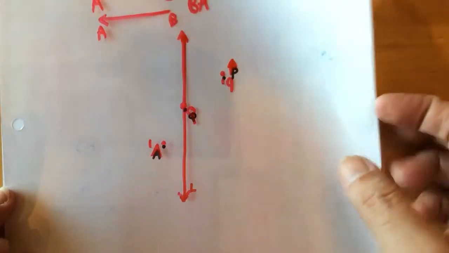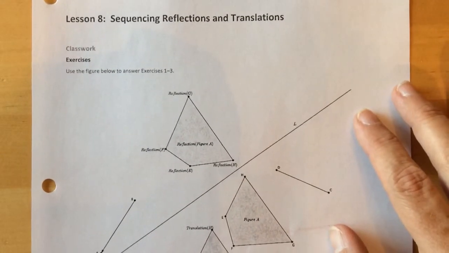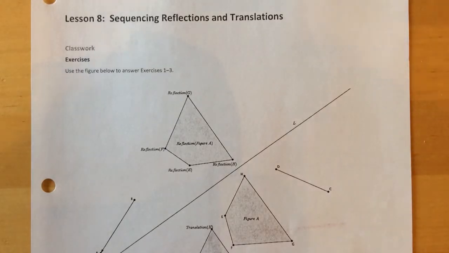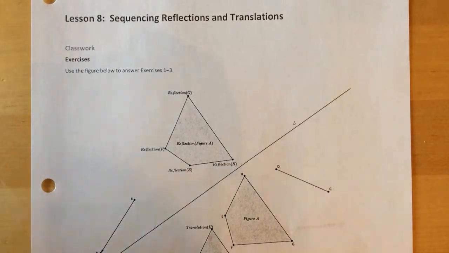But in this lesson, we're going to look at something a little different. This time we're going to combine reflections and translations, and we're going to find that the order matters. If you do a translation and then a reflection and then try to undo it, you will have something different.